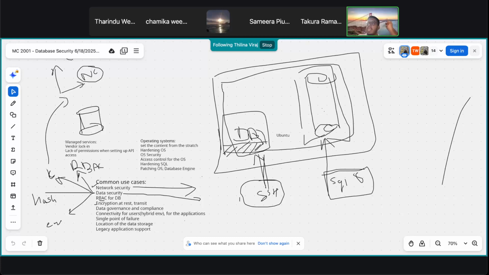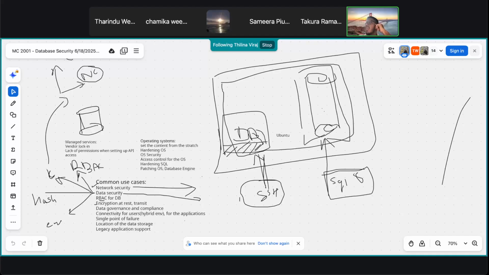If you try to encrypt it, the encryption cost will be higher because every time a user is coming in, the data has to be encrypted and it has to be presented back to the users, to the developers. So that cost is there. When you have a normal database and an encrypted database, there are two aspects.